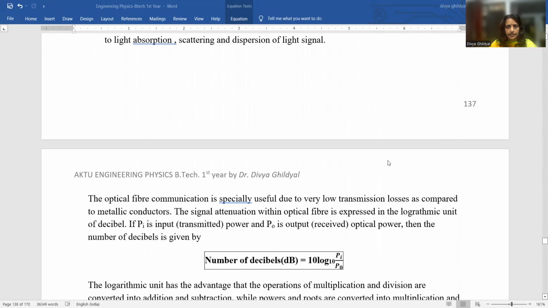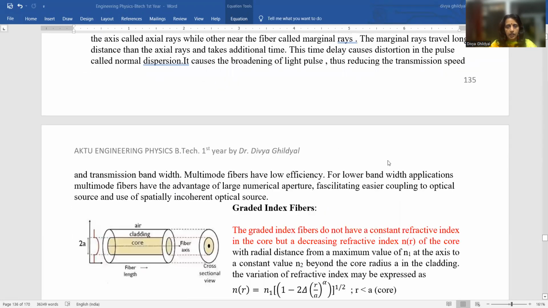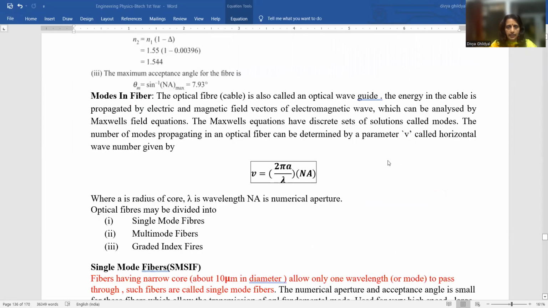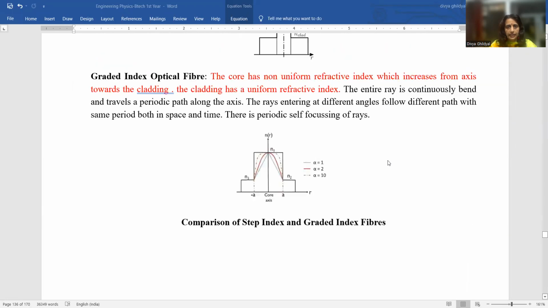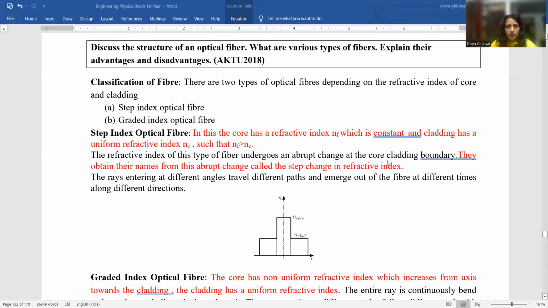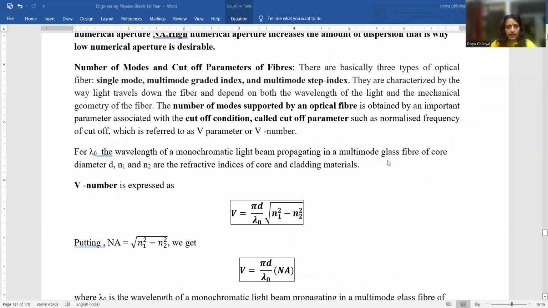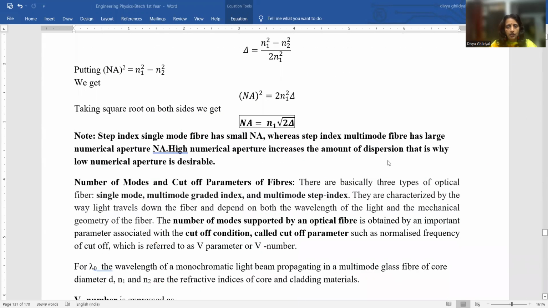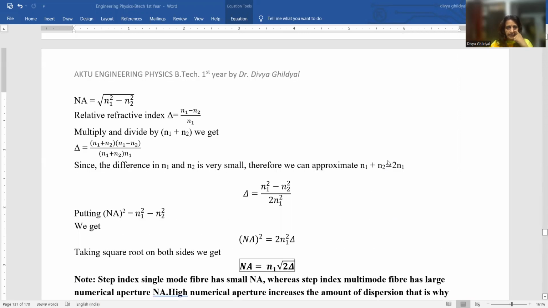In the first lecture, I told you about optical fiber working on the principle of total internal reflection of light. The formula for numerical aperture is under root n1 square minus n2 square, where n1 and n2 are refractive indices of core and cladding respectively.